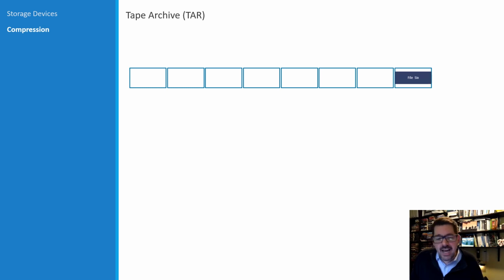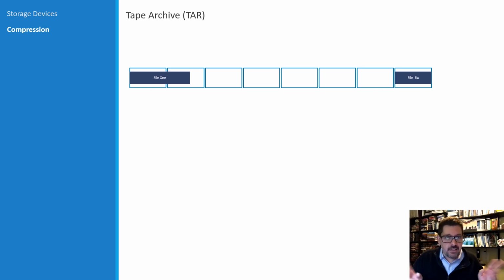So let's say I've got a bunch of files and I store them on my disk. I talked earlier about the architecture of a hard drive, and this is the same whether it's a flash drive, tape, or a traditional hard drive or CD. You have blocks for storage. Those blocks are addressable spaces that are equal in size.